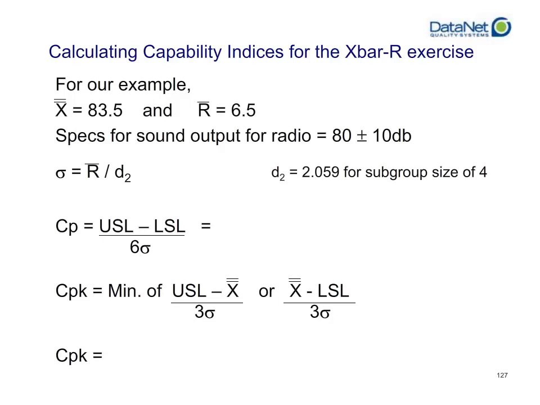We already knew our grand average is 83.5 when we did our control charts. We know our R-bar value is 6.5. We're going to use the R-bar over d2 method, with the d2 constant for a subgroup size of 4, to estimate our sigma value. We're going to calculate CP, which is the upper spec minus the lower spec, divided by 6 standard deviations.